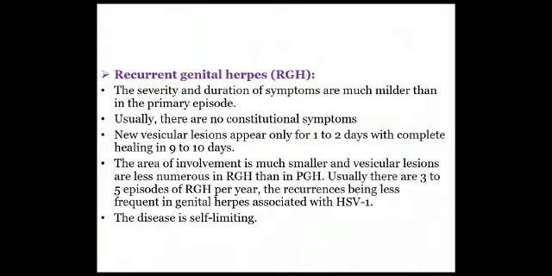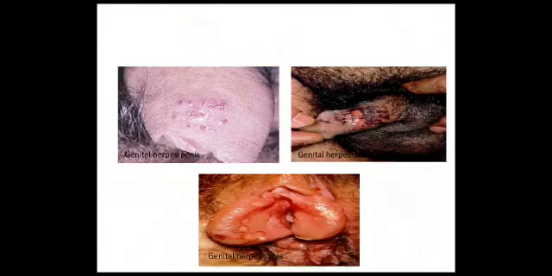You may have around 3 to 5 episodes of recurrent genital herpes per year, and the recurrence with HSV2 is much more common when compared to HSV1, and the disease is usually self-limiting.